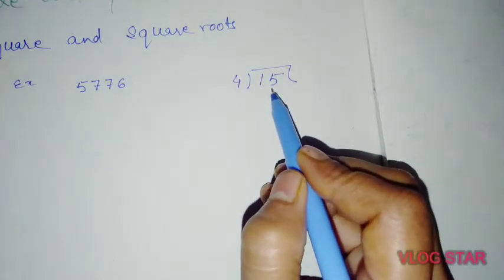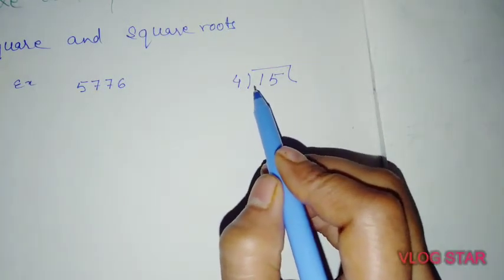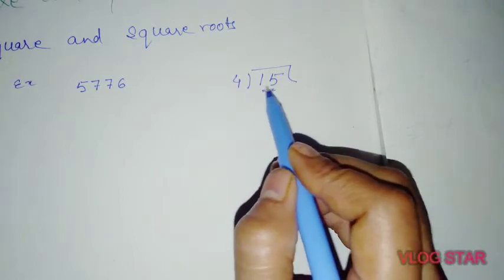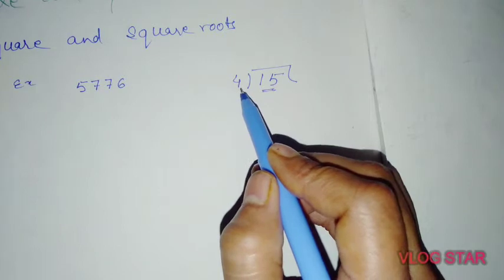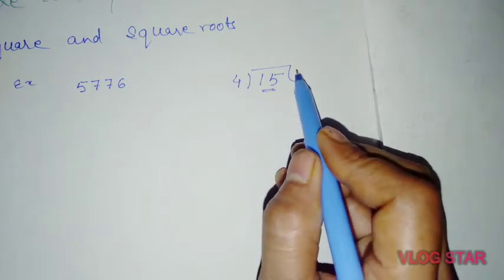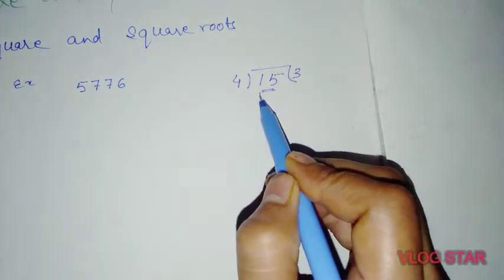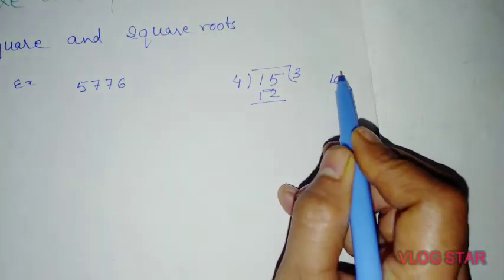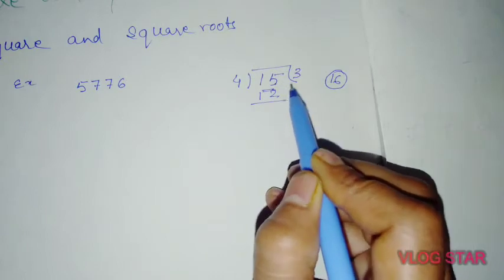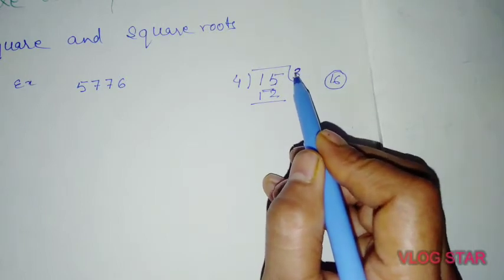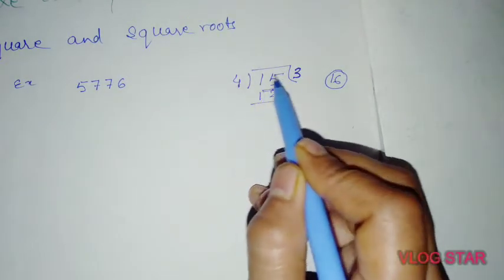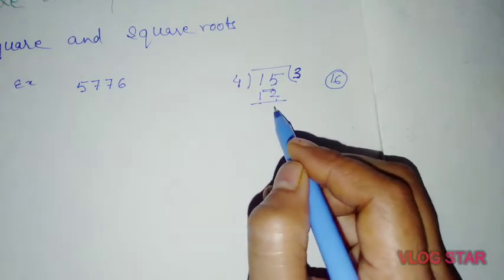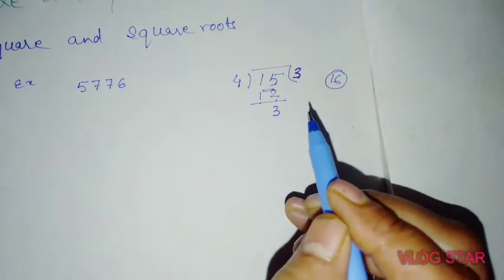Then we read out the table of 4 so that we get a number either equal to or less than this number. 4 3s are 12. 4 4s is 16, and this 16 is greater than 15. So we have to divide it 3 times. 4 into 3 is equal to 12, and then we get the remainder as 3.